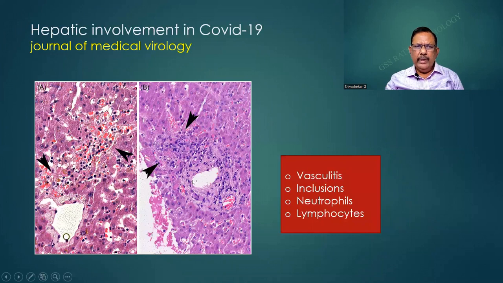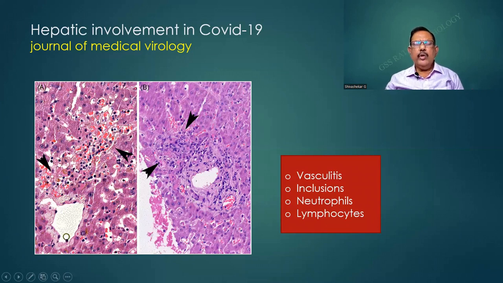The hepatic involvement, the Journal of Medical Virology. So look at this one. There is a central vein around which there is an inflammation, and there is also a dilatation, a stagnation, which can lead to later fibrin formation or an ischemic necrosis. And there is also a mixed inflammatory infiltrate.